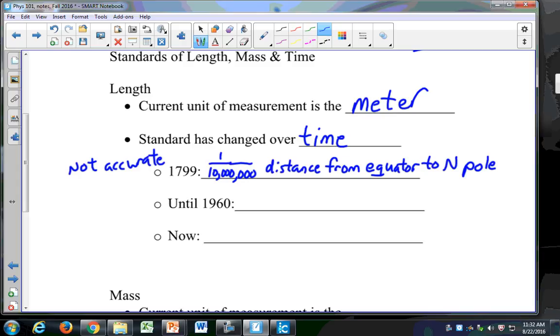Until 1960, the standard was the length of a particular bar. This bar happened to be in France. That's where the SI system is housed, or where the center for it is. Not like a bar like you might go out to on the weekend, but a metal bar. And they said, this bar represents a meter. Everybody henceforth will define their meter based on this bar.